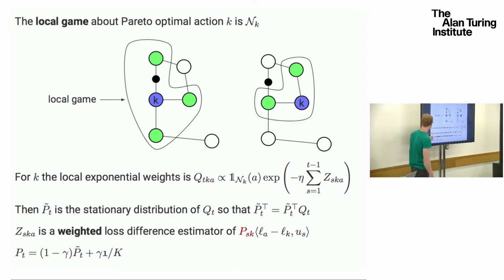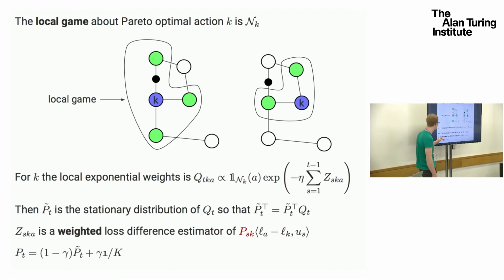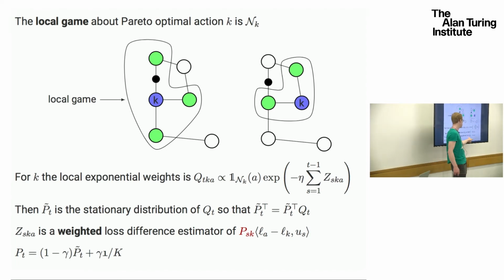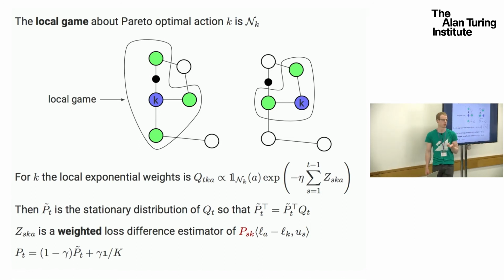Okay, and what we're going to do is, for each of these possibly optimal actions, we have an exponential weights distribution, which is just saying, how should I play if I'm playing in this little local game? I don't care about the bigger picture, just within this local game, what's going on. And this ZSKA is like the loss difference estimator for this weird weighted thing. And we'll see why it's a weighted difference between the losses of action A and action K shortly.